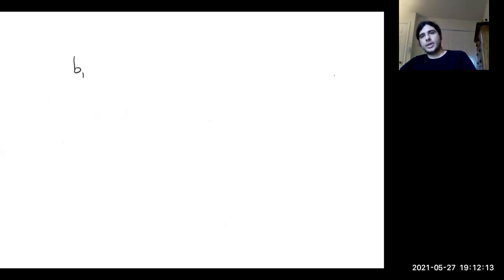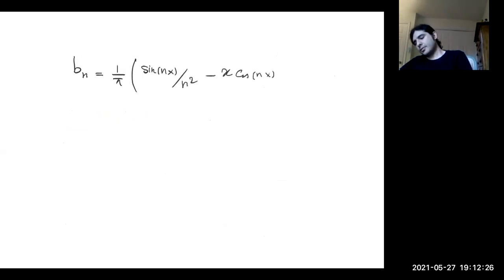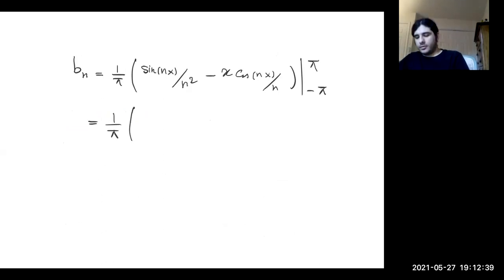Therefore, Bn would be equal to 1 over pi times sine of nx over n squared minus x cosine of nx over n, from minus pi to pi, which would be equal to 1 over pi times sine of n pi over n.